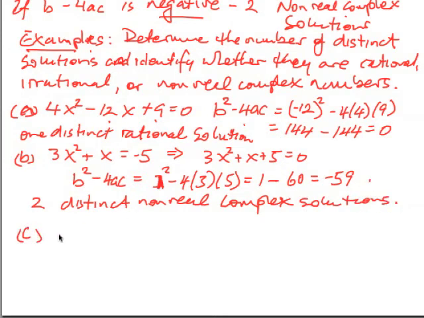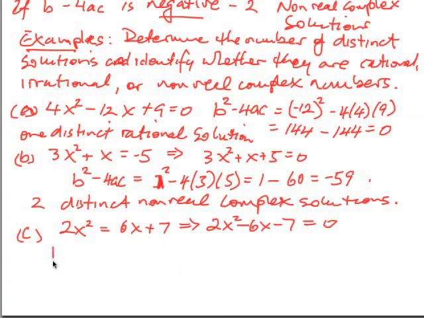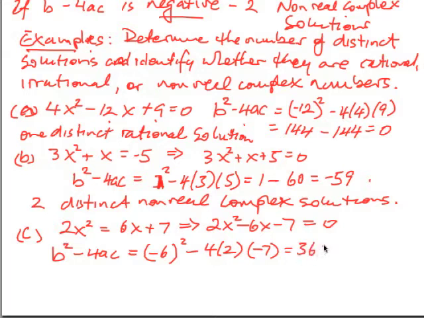Alright, let's do part C. Let's suppose I have 2x squared equals 6x plus 7. This implies that I have 2x squared minus 6x minus 7 equals 0. So my b squared minus 4ac is going to be negative 6 squared minus 4 times a is 2 and c is negative 7. So I'm going to end up with 36 plus, negative by negative is plus, 8 7s are 56, which is going to be 92.